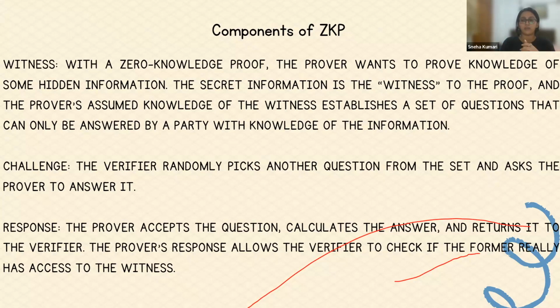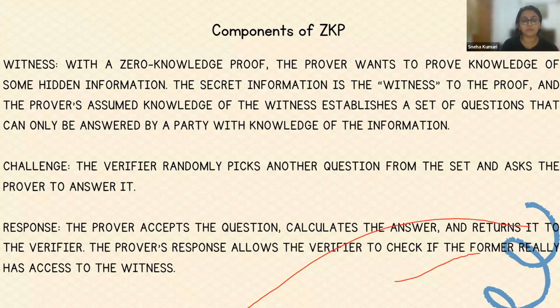So if I know that the age I'm talking about is 23, I will always try to give out equations that will land in and around 23. And that is what Laisha has to figure out, right? So I have a witness and I am establishing a set of questions on the basis of that witness for the other party to answer or figure out that whatever I'm claiming is correct, right?